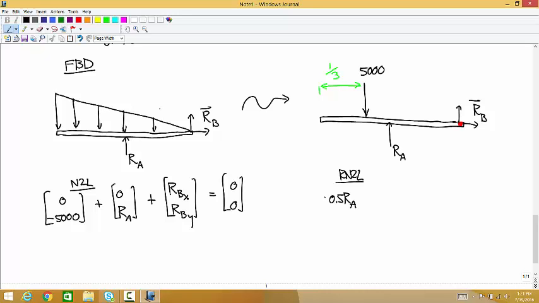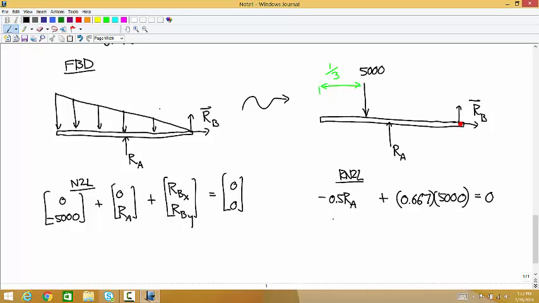Clockwise, so this is negative. And then the 5,000, what's its moment arm? 2/3, and it's counterclockwise, so it's positive 0.667 times 5,000 is equal to 0.